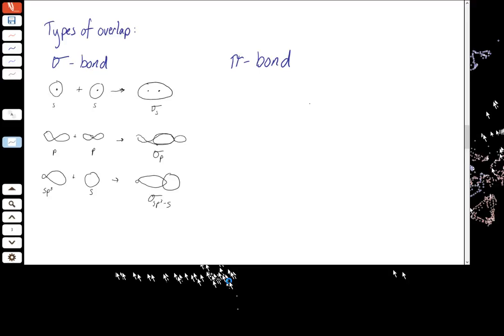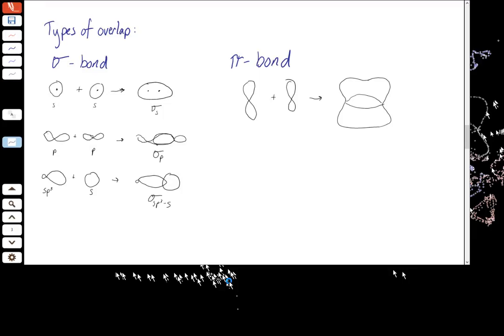So in a pi bond, you can take two p orbitals that are parallel to each other, and you can make this kind of an interaction. Sorry, let me show you what the book calls that.